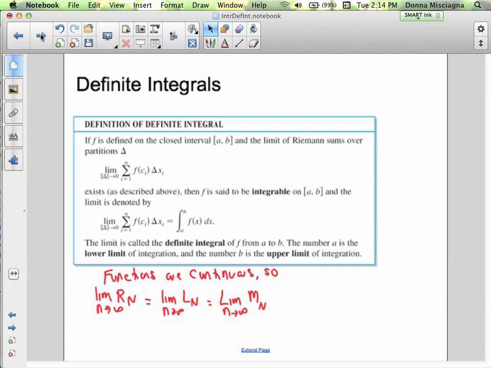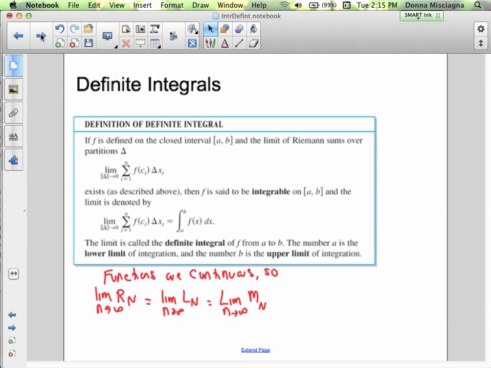And with practice, you get good. And you can always just refer to another problem to help yourself out. So, definition of the definite integral: if f is defined on the closed interval a, b, and the limit of Riemann sums over our partitions of x, so the limit, and so it has that change in x there going to 0. So the change in x going to 0 is the same as n going to infinity.